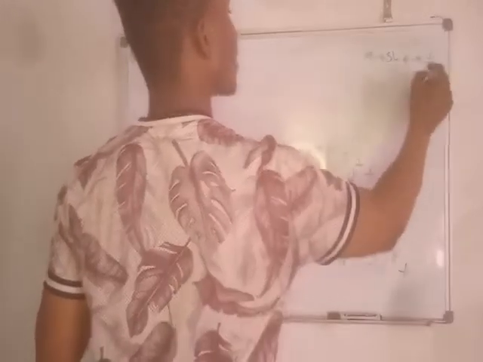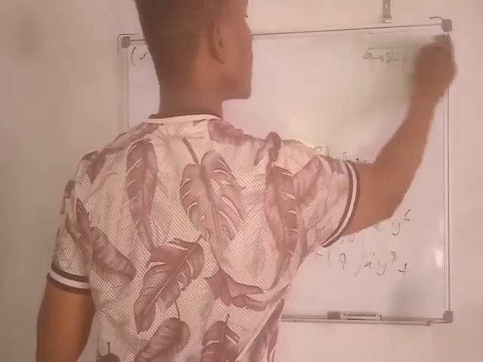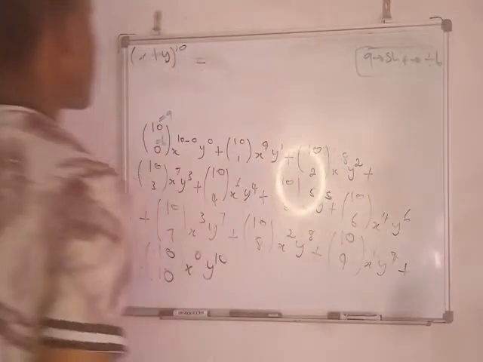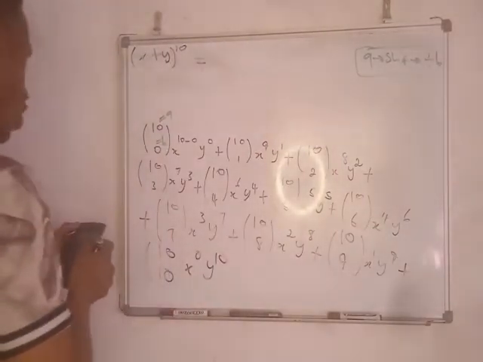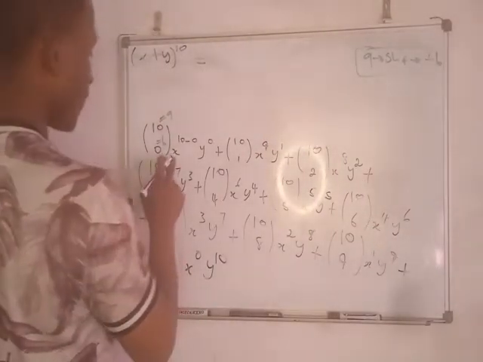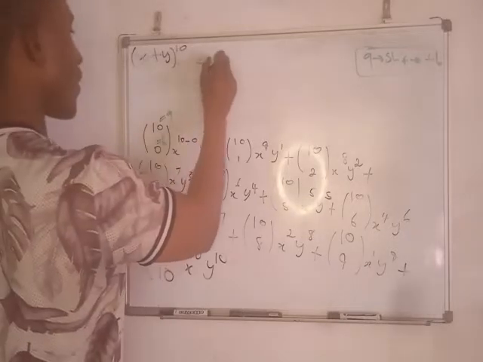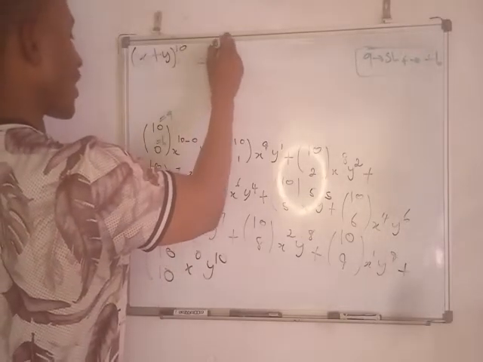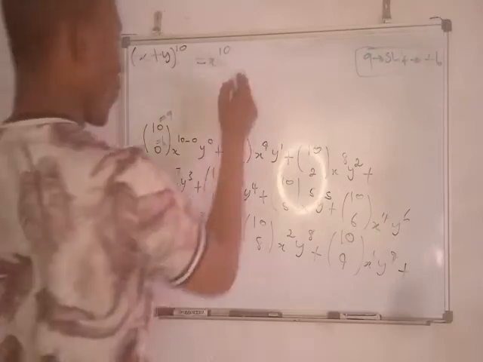Then you press your number again, which will be your B. So this is how we get combinations. So 10 combination 0 is 1, but this will be x to the exponent 10, and y to the power 0 is just 1.